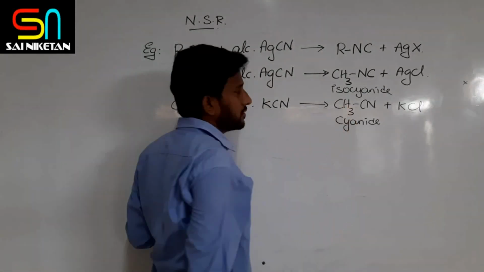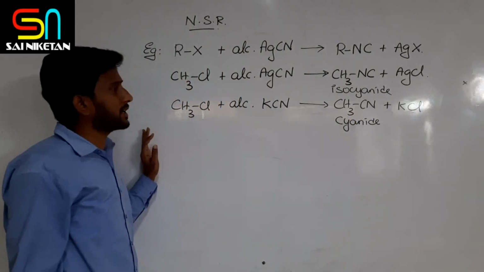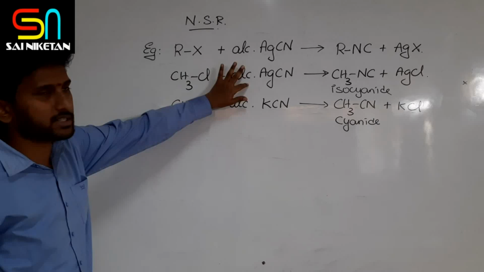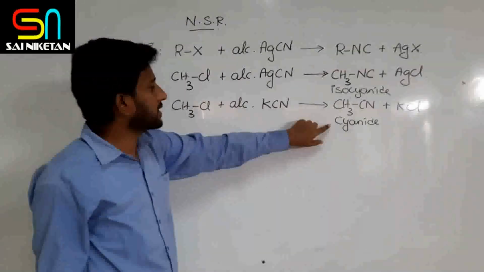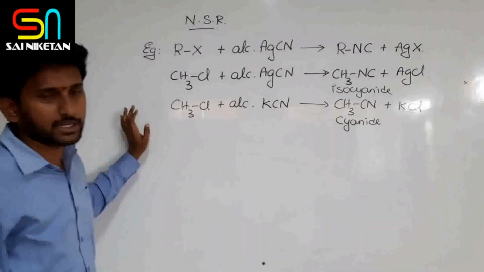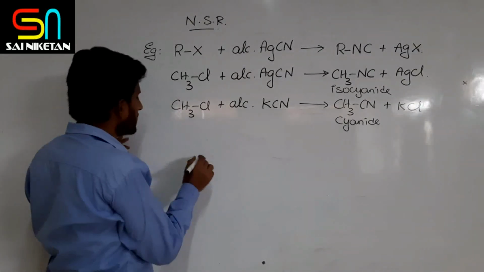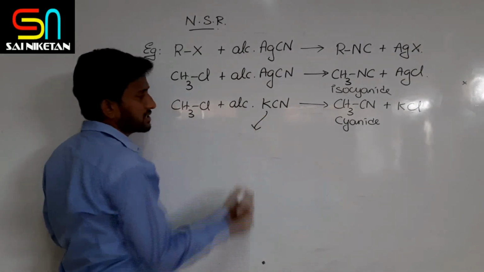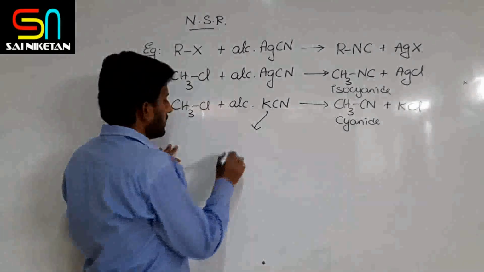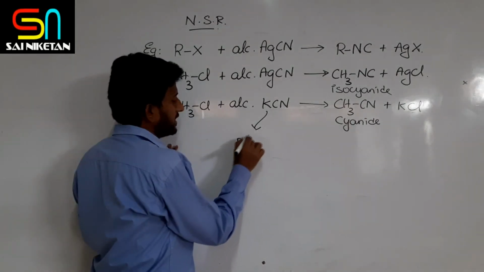Okay. Then why? What is the difference? Why do you get isocyanides in case of silver cyanide reaction? Why do you get cyanides in case of potassium cyanide reaction? The main reason is, in case of potassium cyanide, you know that potassium cyanide is polar.